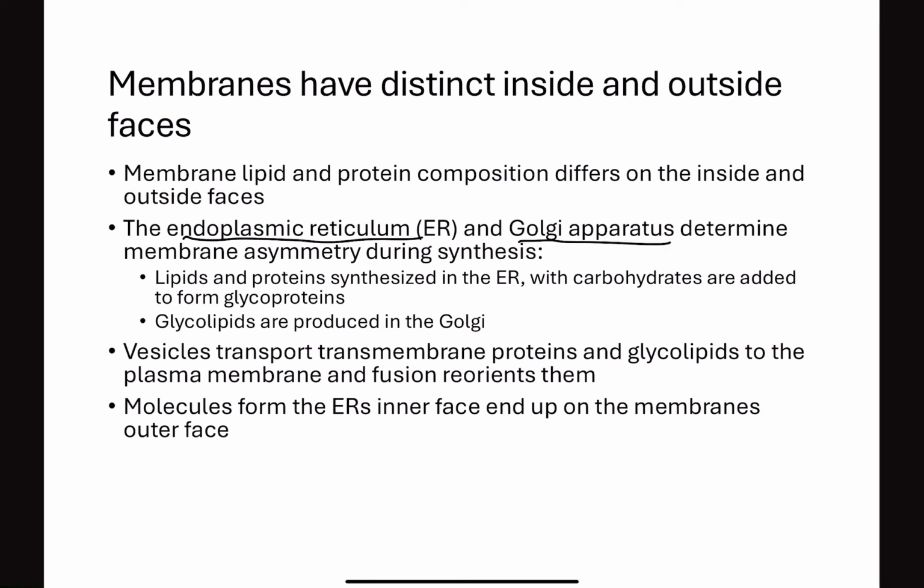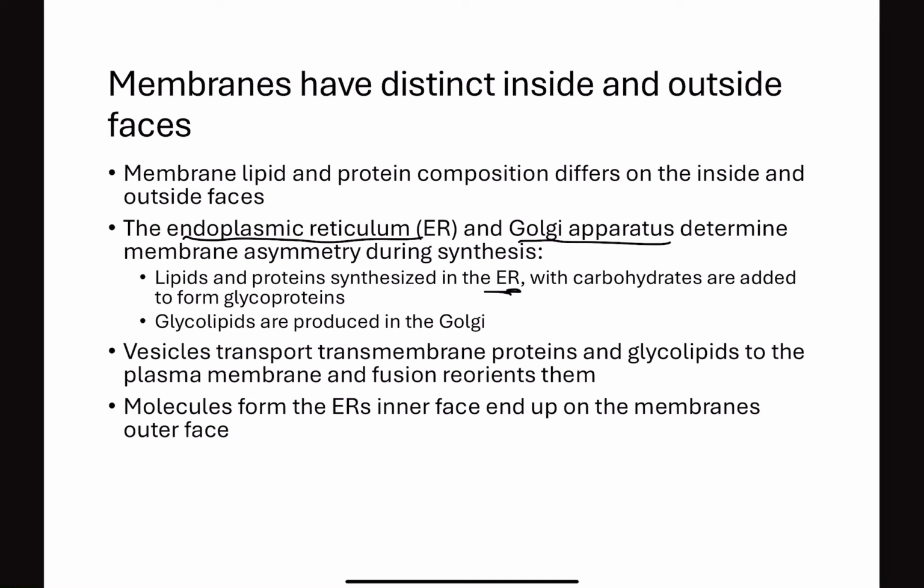So membrane lipids and proteins are going to be synthesized in our endoplasmic reticulum, and then we're going to have carbohydrates added to form glycoproteins. And our Golgi apparatus is going to produce glycolipids. Our transmembrane proteins, our membrane glycolipids, and our secretory proteins are going to be transported in vesicles to the plasma membrane.